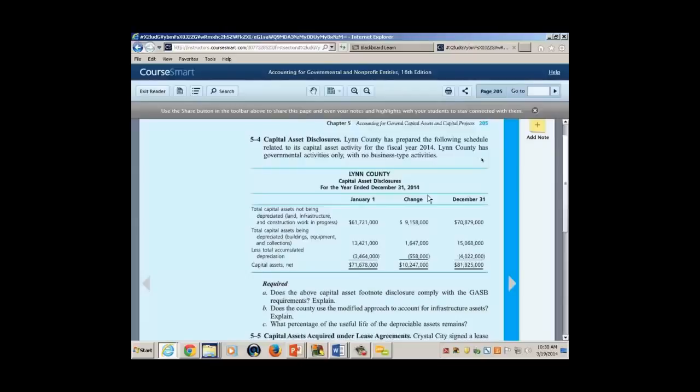What about throwing everything into one category? Remember in the other one disclosure, we had land, we had all these, we had separate line disclosures for the different asset classes, right? For land, building, equipment, right? Okay.